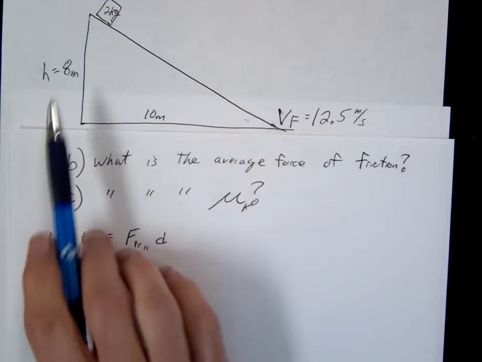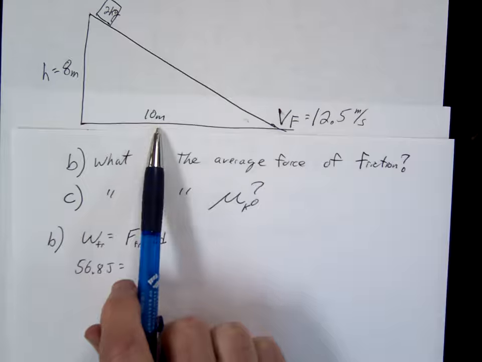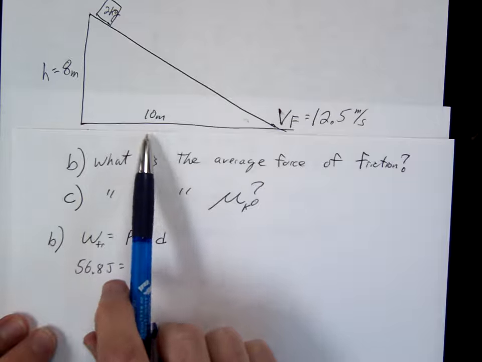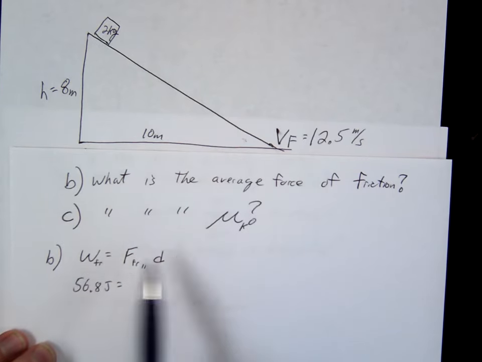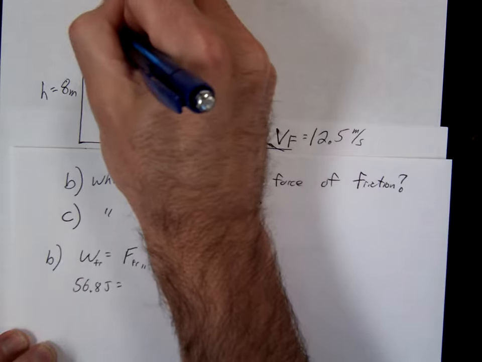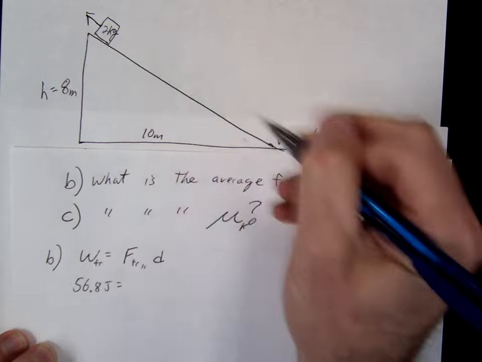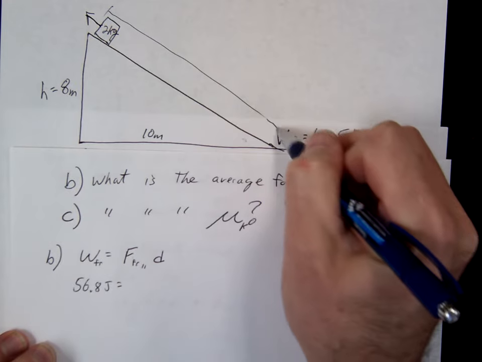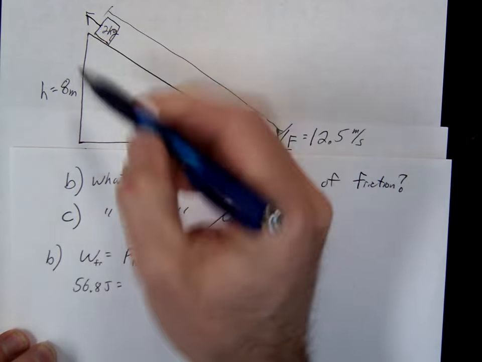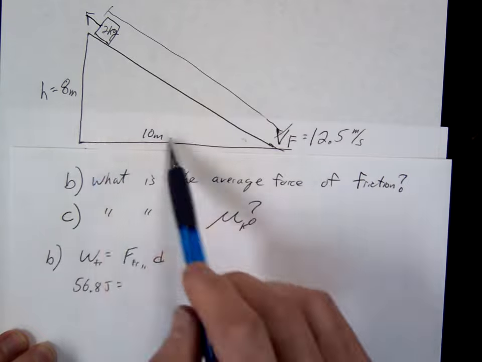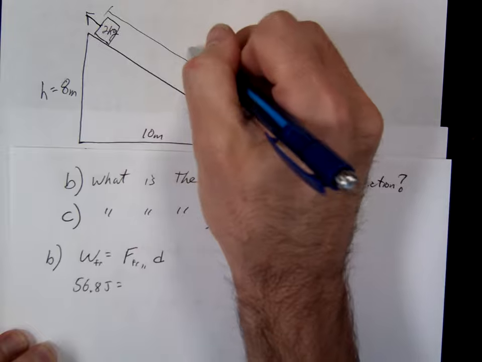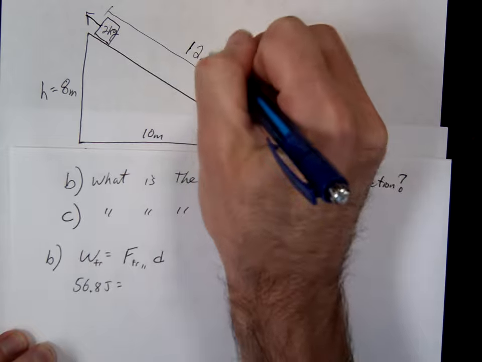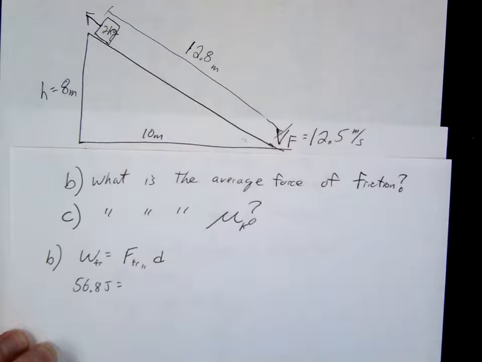Am I going to use 8 or am I going to use 10? Neither. What am I going to use? The hypotenuse. Good. Remember, it's not just force times distance, it's force parallel to distance. So the force here is going along the ramp, parallel to the ramp. So you have to make sure you use the distance of the ramp. So just use your Pythagorean theorem, a squared, 10 squared, c squared, what's the answer? 12.8 meters, yeah.